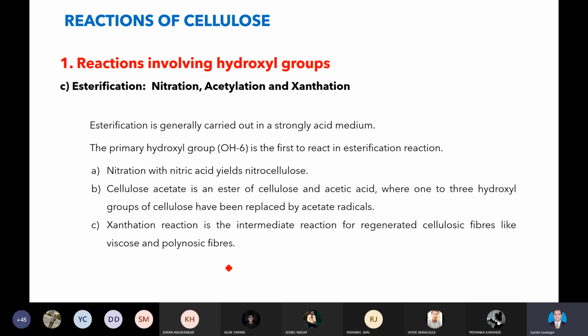I will show you this reaction while studying regenerated fibers, that is, the viscose rayon manufacturing stage. Xanthation happens during that particular stage, and it is called an esterification reaction.